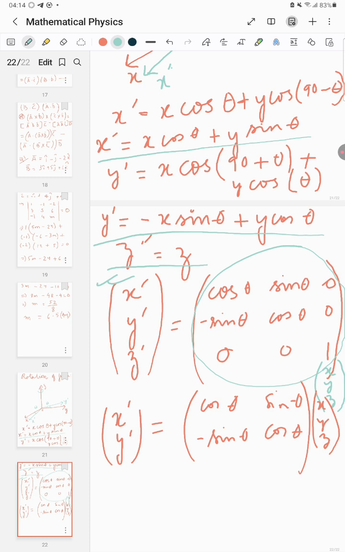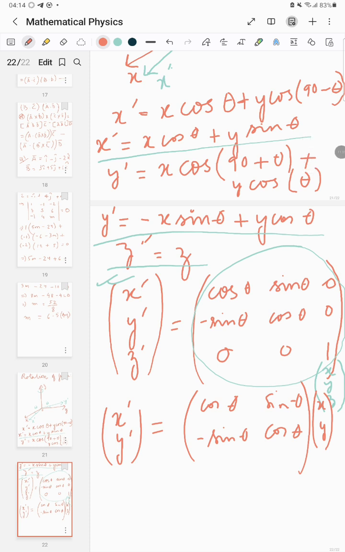And shortening it up, this changes to x and y, because there wouldn't be any z term as we have already condensed the matrix. So this matrix is nothing but cos theta, sin theta, minus sin theta and cos theta with x and y.